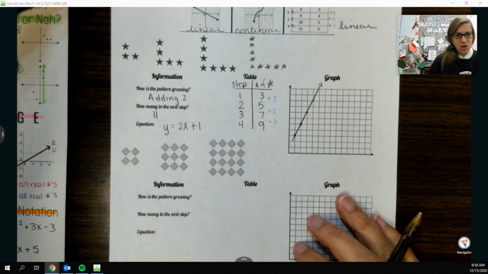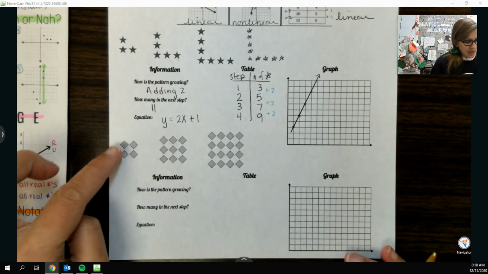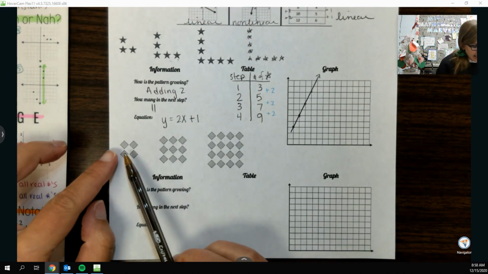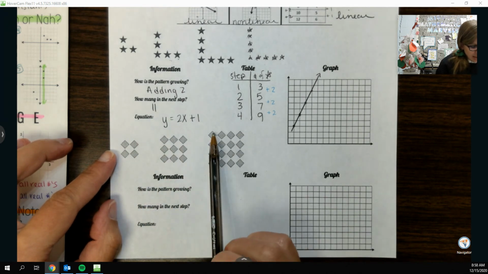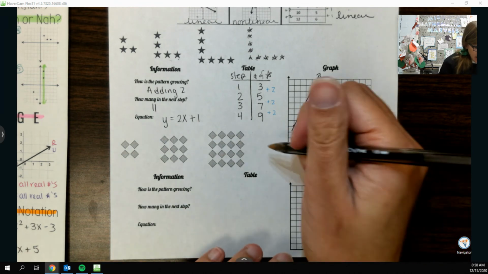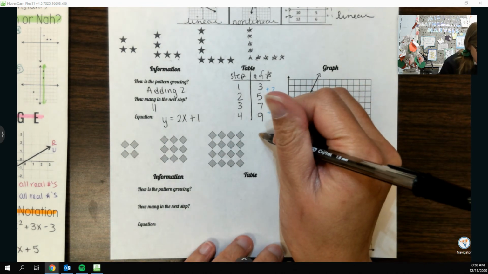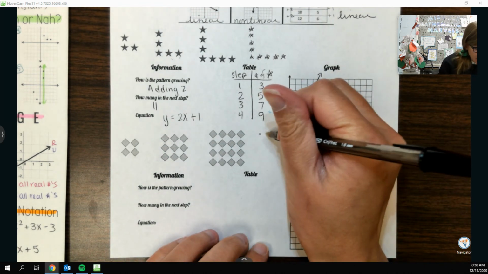Okay, so one more to try. If we take a look at this pattern here, the way I kind of see it growing, so I got these 4, but then it looks like it wraps around, and then it wraps around. And so if I create that again, I'm just going to do dots.